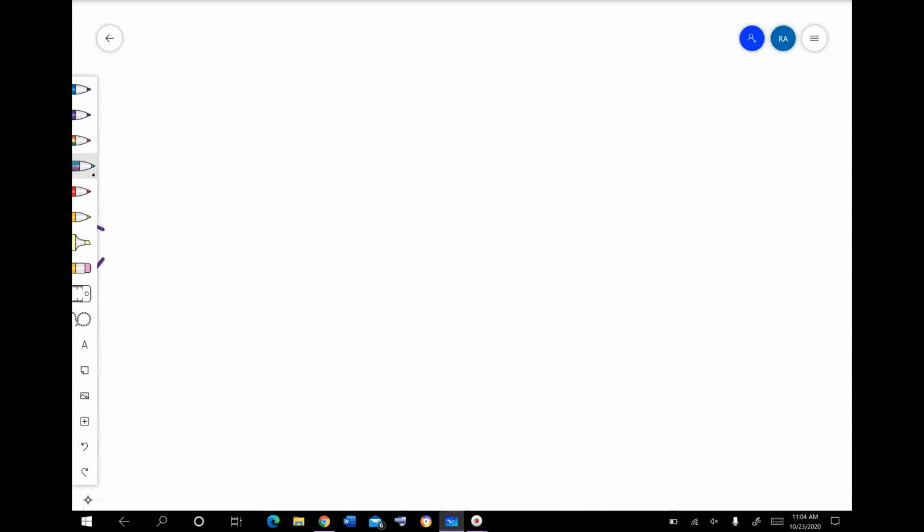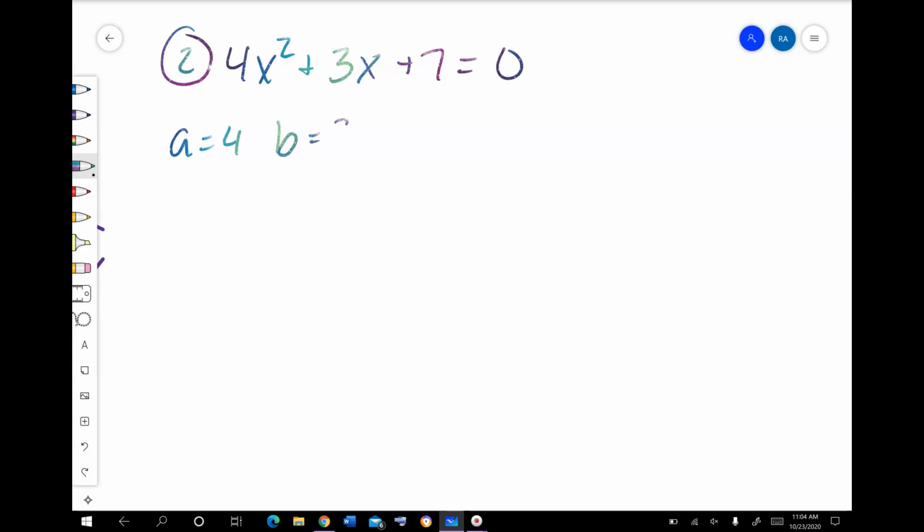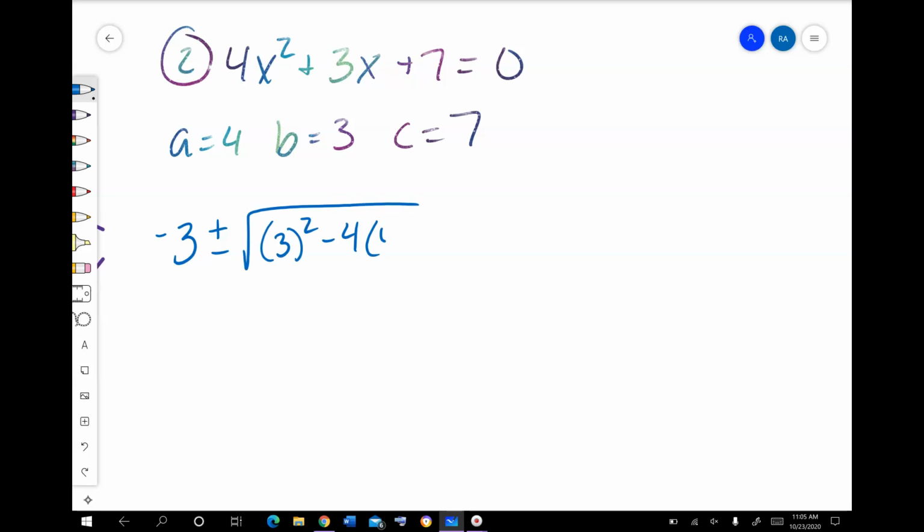All right, so number 2 for imaginary is going to be 4x squared plus 3x plus 7 equals 0. a is 4, b is 3, c is 7. Okay? All right, so let's do it. Opposite of b plus or minus the square root of b squared minus 4 times a times c all over 2a.